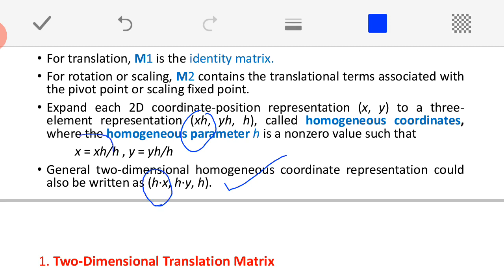So, in place of xh I am going to write h into x, in place of yh I am going to write h into y, and in place of h, let it be exactly 1. So, this is converting a 2D representation into a 3 element representation, which is called a homogeneous coordinate system. And the main purpose of this homogeneous coordinate representation, as I have already told, is to bring all our transformation methods under one particular mathematical operation, that is called multiplication.